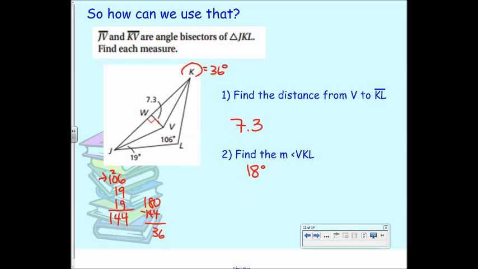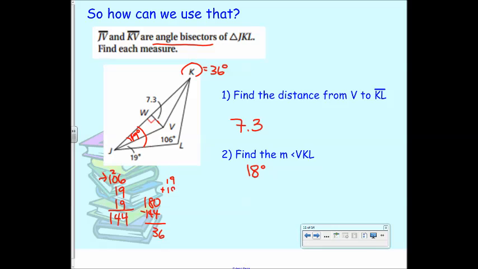So you know that if this is 19, this one has to be 19, which means together, what are those? 38. So J must equal 38 degrees.